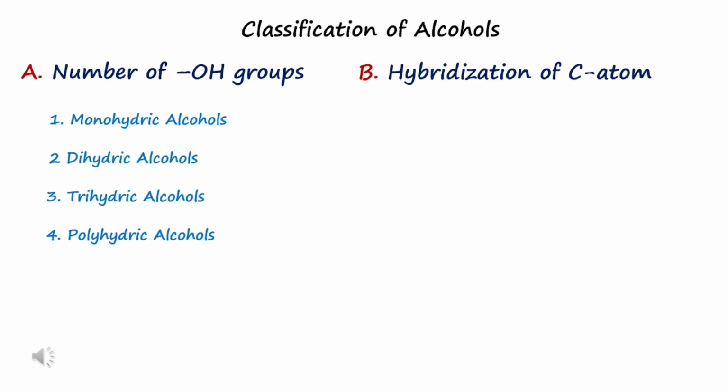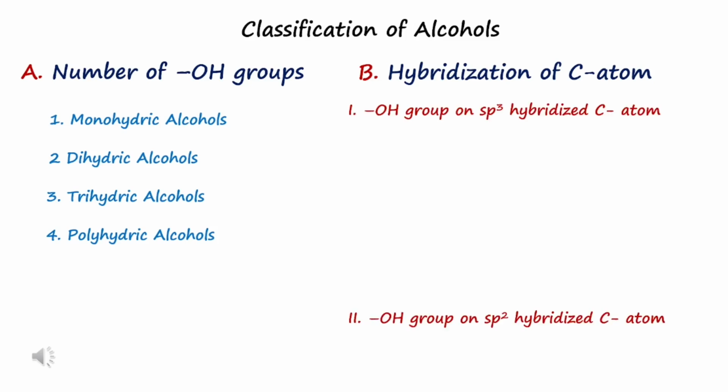In the second category, that is based on hybridization of carbon atom, there are two subcategories, that is, OH group on sp3 hybridized carbon atom and OH group on sp2 hybridized carbon atom.